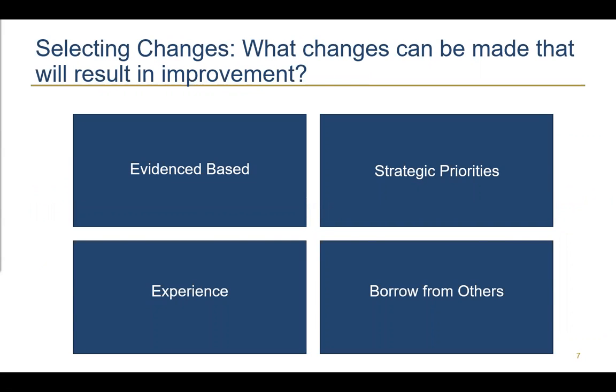The third question is what changes can be made that will result in improvement? Listed are 4 areas to explore in studying, learning, and identifying possible changes. Evidence-based changes can be derived from literature and the knowledge gained from studying similar clinical studies and outcomes.